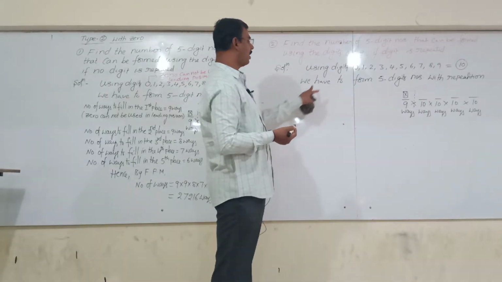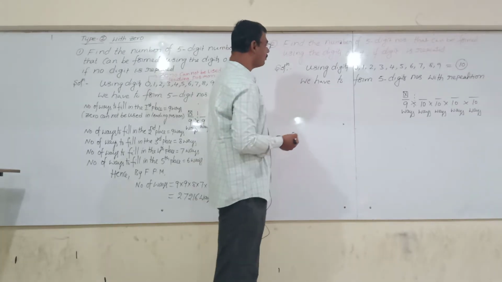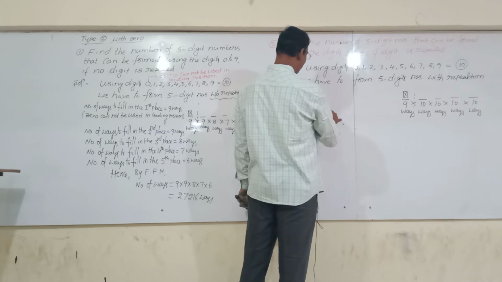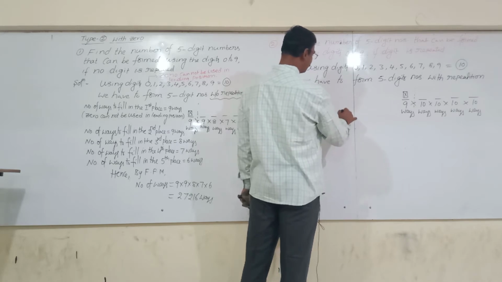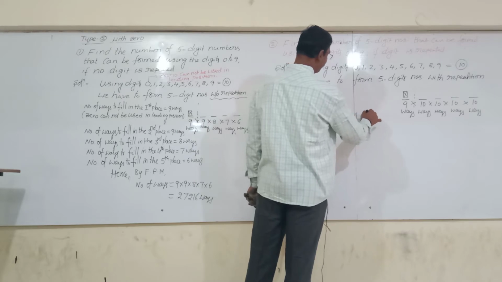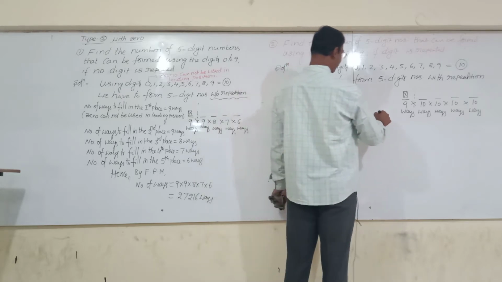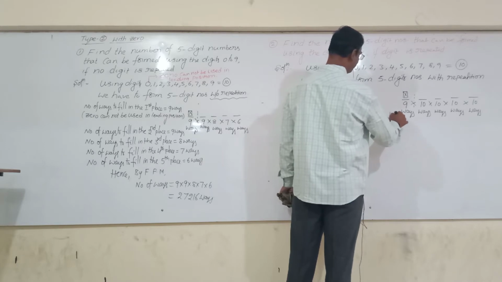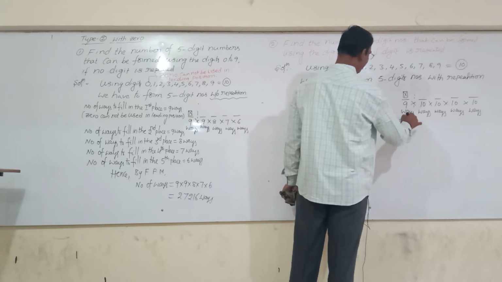Okay. The same thing we have to express in the long way. How to write? Number of ways to fill in the first place is equal to 9 ways.